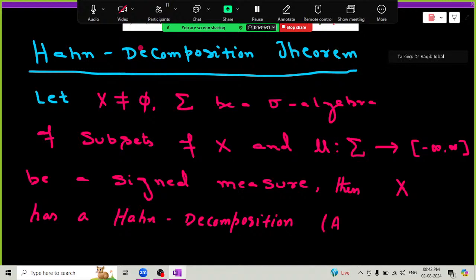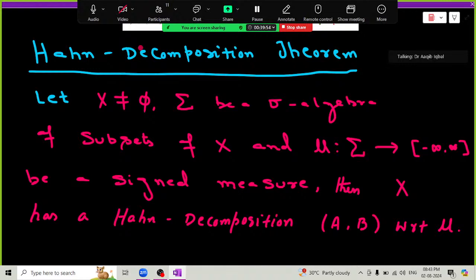Say A comma B, it has a Hahn decomposition A comma B with respect to this mu. ठीक है, पहली इंफॉर्मेशन ये है, X has a Hahn decomposition. So this settles the existence issue.